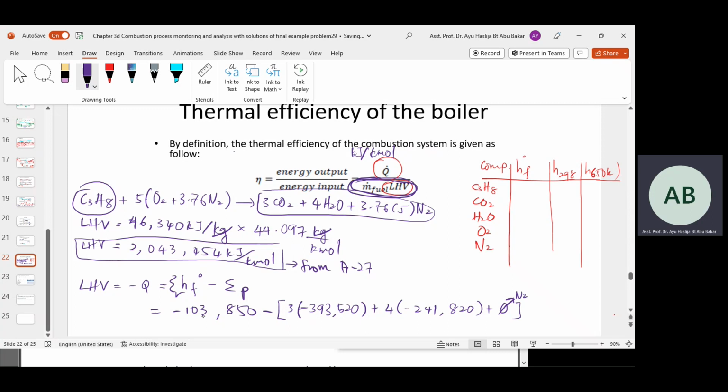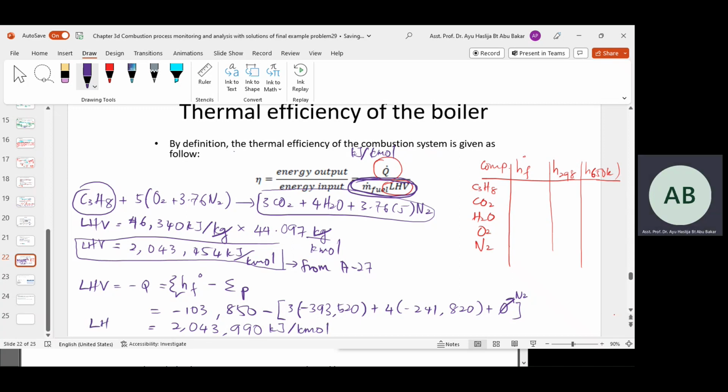From here, when you calculate, you will get this figure, in kilojoule per kmol.